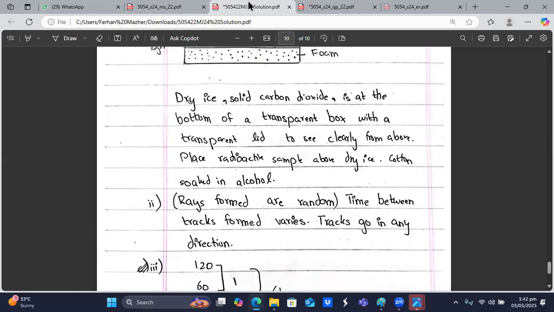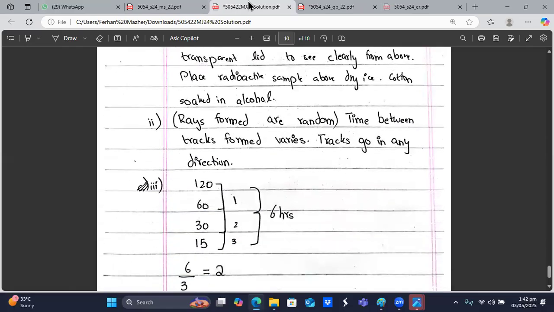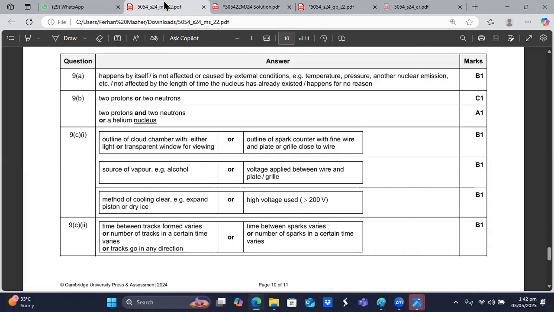Random means that we cannot predict in which direction those sparks will go and at what time they will go. So she says rays formed are random. Those sparks produced in the cloud chamber will be random. Time between the tracks formed varies. Tracks go in any direction, not in any particular direction.